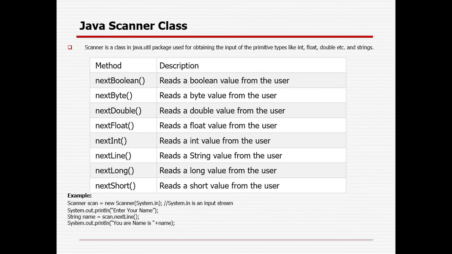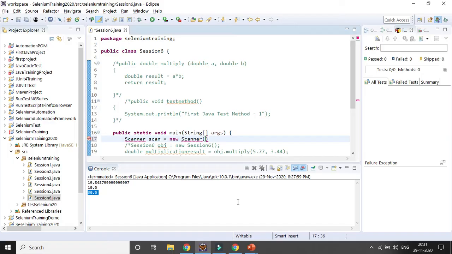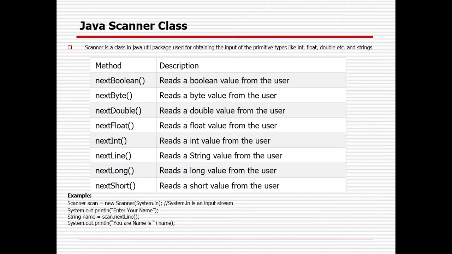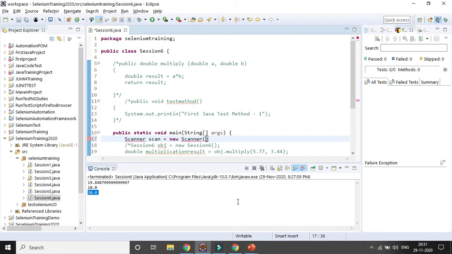Whenever you are reading something, you have to use System.in, and if you want to print something, it will be System.out. That is the predefined class available in Java. You need to remember it, otherwise you will not be able to write your code. So you just need to use System.in.